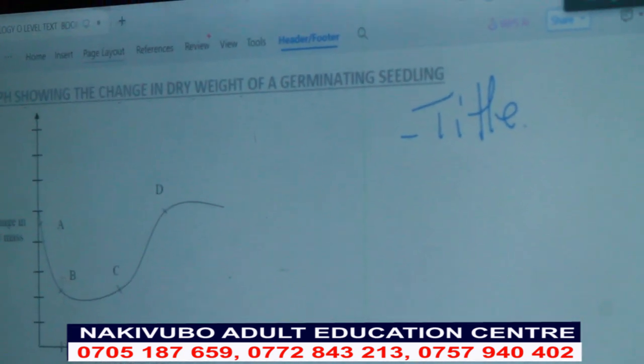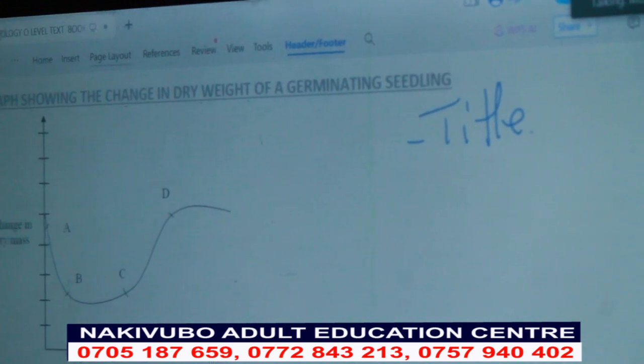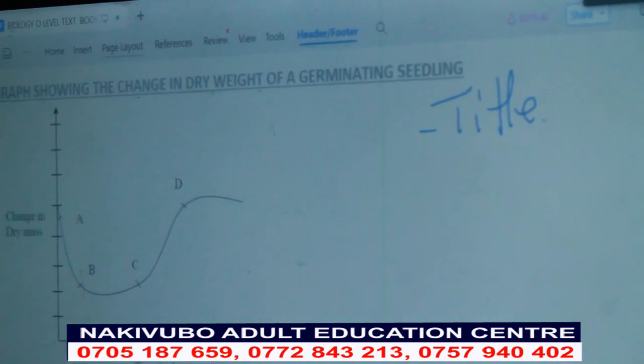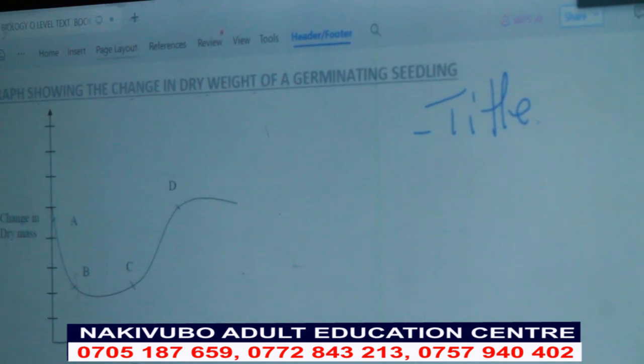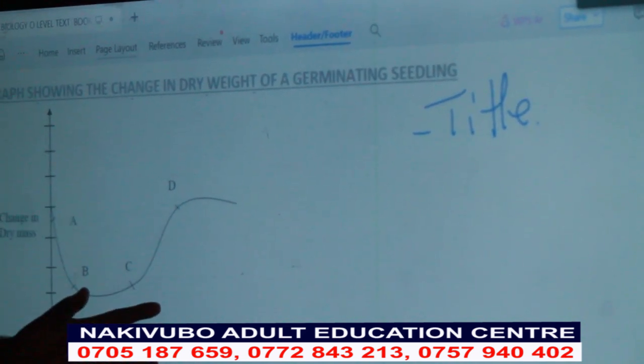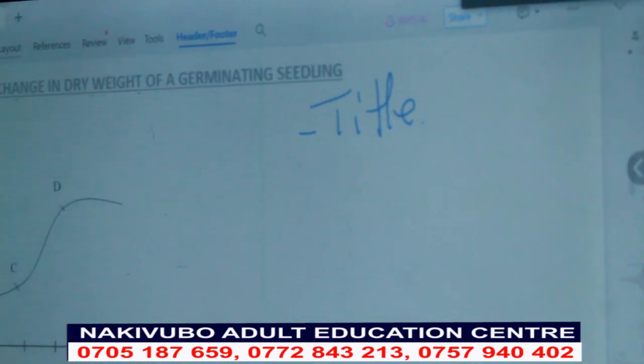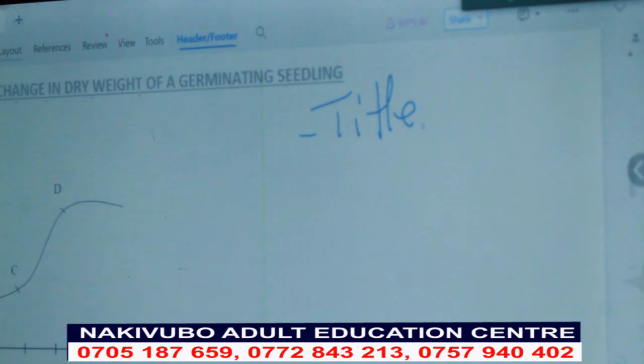When they tell you to draw the graph or to plot the graph, you must write the title first. The title carries 1 mark. Then the whole question is 8 marks, so you take it seriously. The first mark is the title.